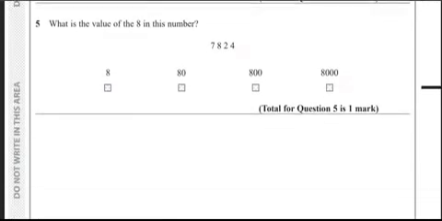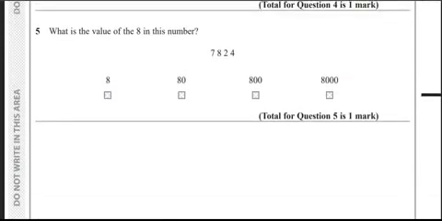Then let us proceed to question number 5. You're asked, what is the value of 8 in this number? Most students confuse the meaning of value. They simply ask for the total value. In some curricula, they differentiate between total value and place value.